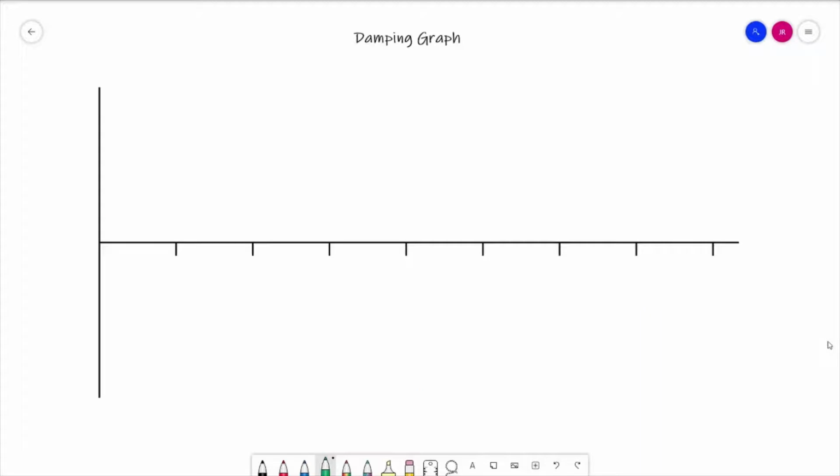So now then, let's try to plot a graph to see how this is going to work. So we'll do a graph of displacement against time. Now each of these will represent one time period, so T, 2T, 3T, etc.